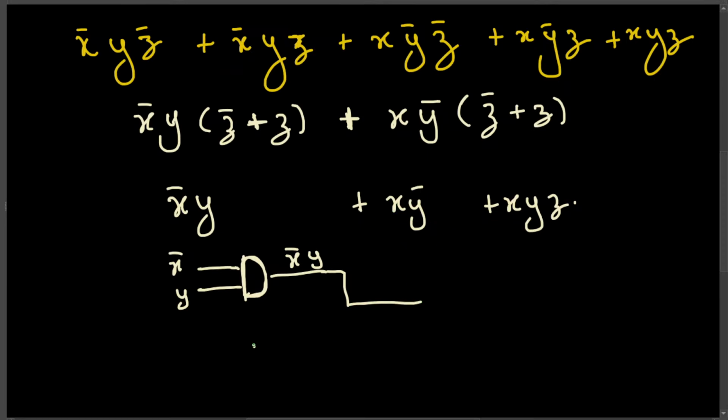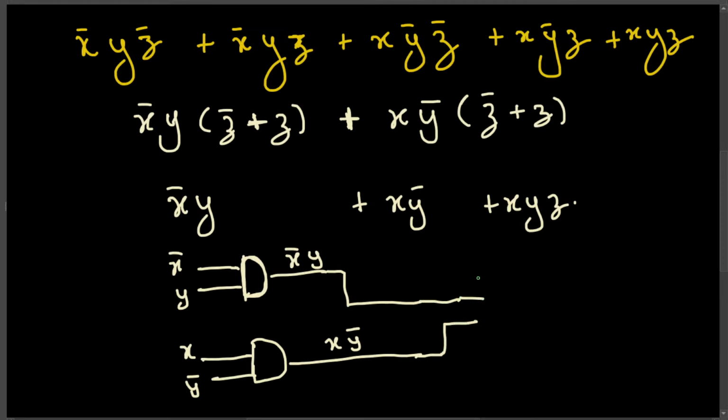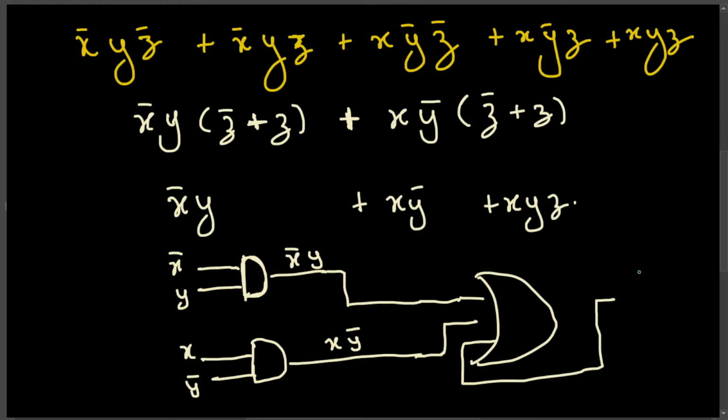And then here we are going to have an AND gate, and in this AND gate, if we put input x and y bar, the output is going to be x y bar. So we are connecting both of them to an OR gate, and we have one more input to the OR gate, that is this AND gate here.